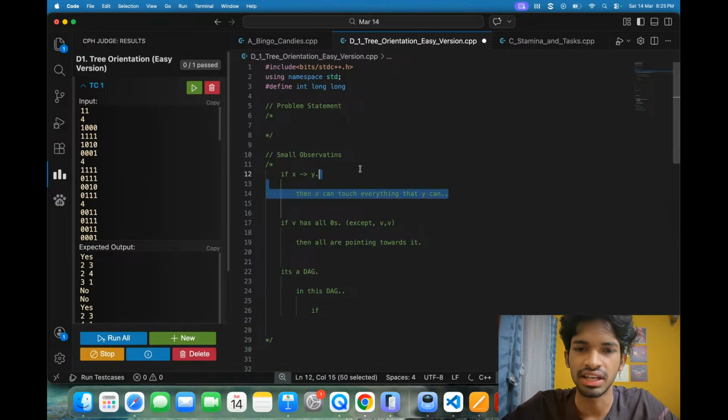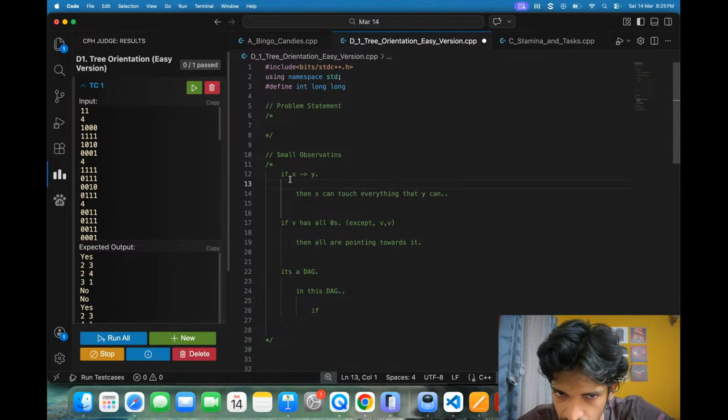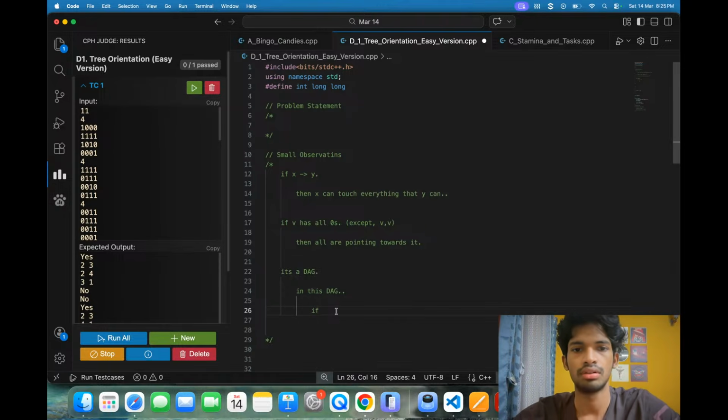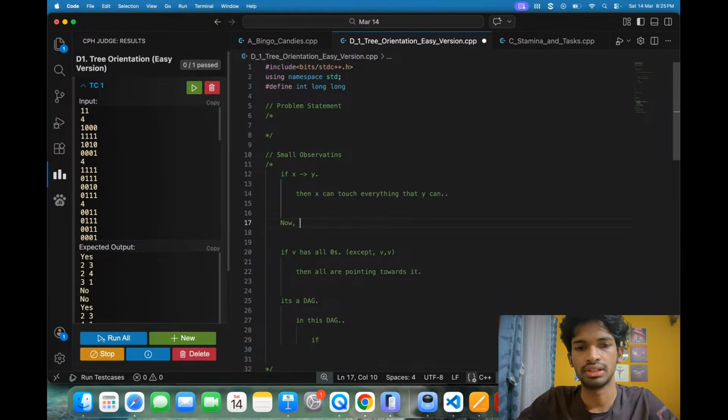Maybe this itself is enough. So let's try to claim some things. If X can touch everything, now let's try to see how strict this is.